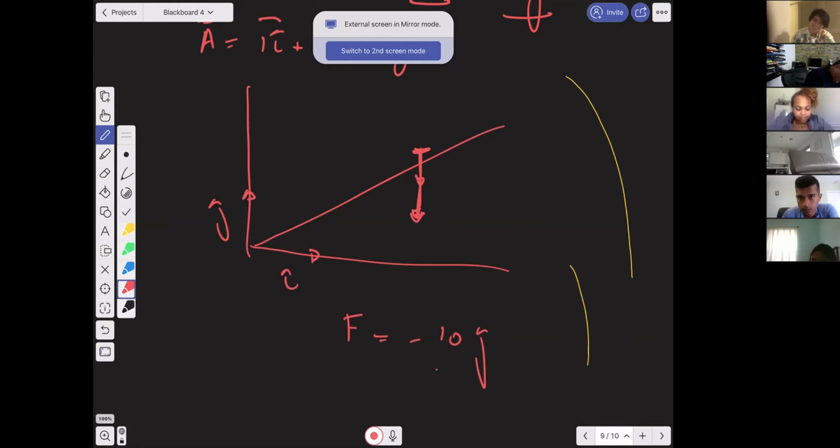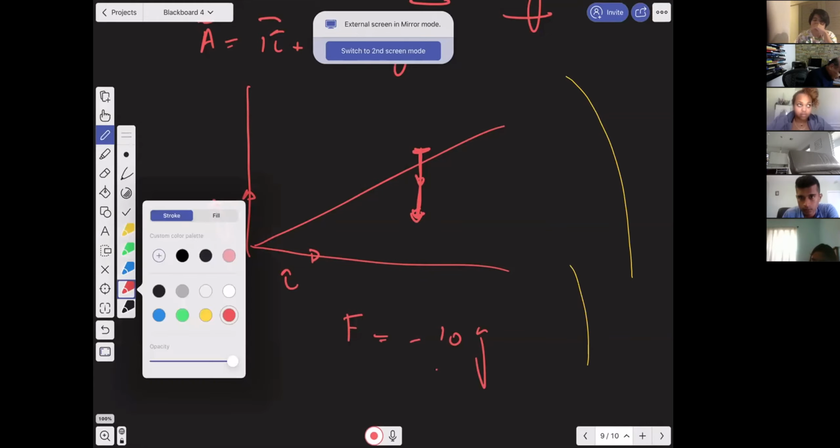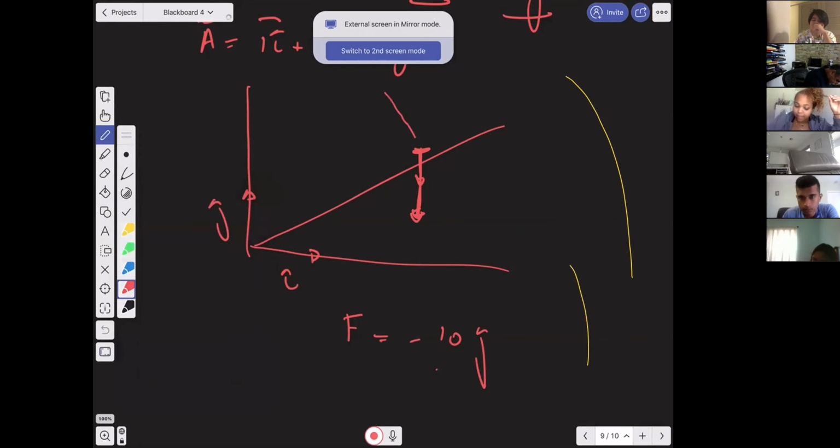But suppose that for some circumstances, you want to express this vector in two different vectors, that the sum will be minus 10j. So you take the perpendicular to the plane, you see?